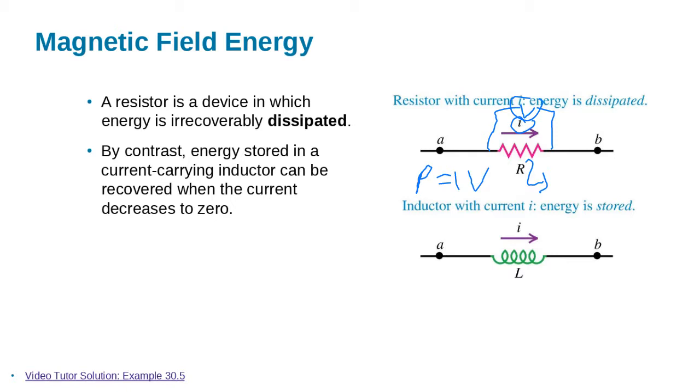As we increase our current to some steady rate, some energy will go in, so we'll have some voltage over our inductor as we're increasing the current. So we've got some IV, some current times voltage there.